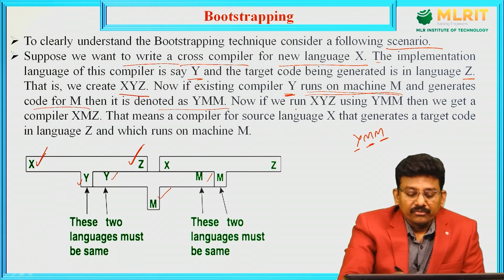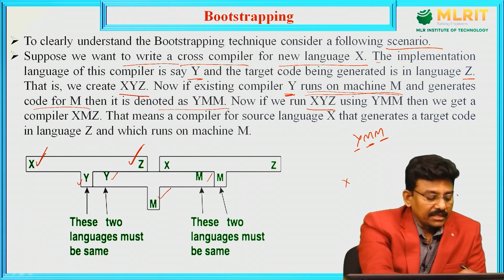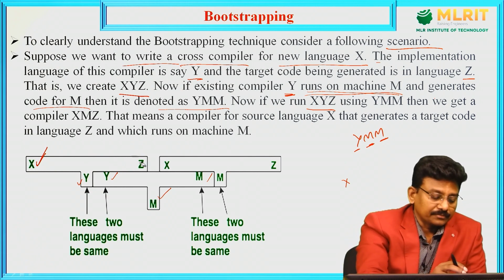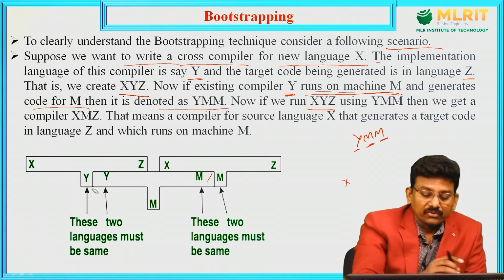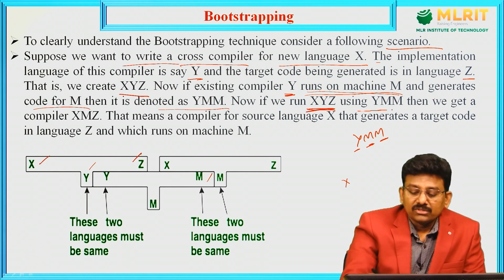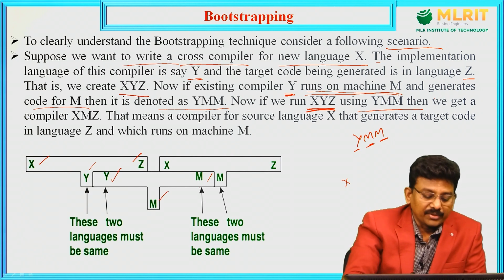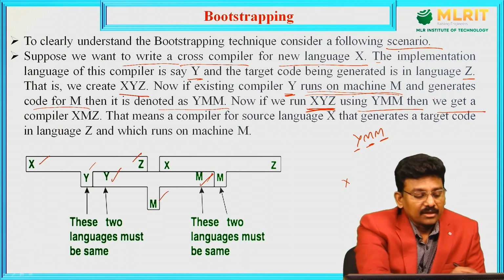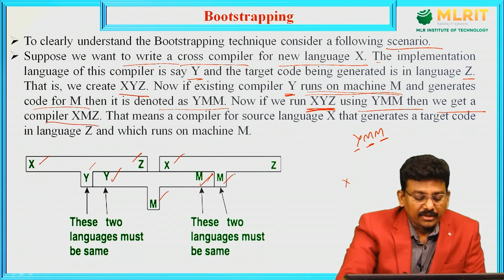Then if you run X, Y, Z using YMM, we get a compiler called XMZ.